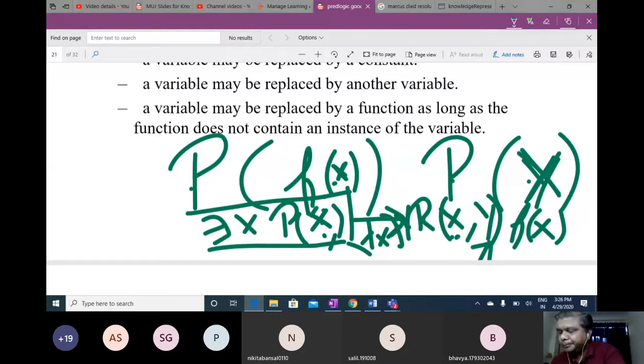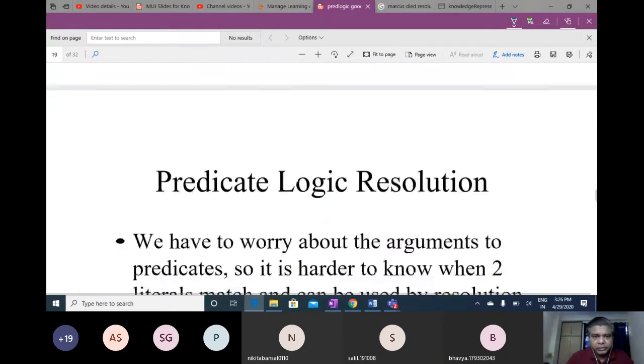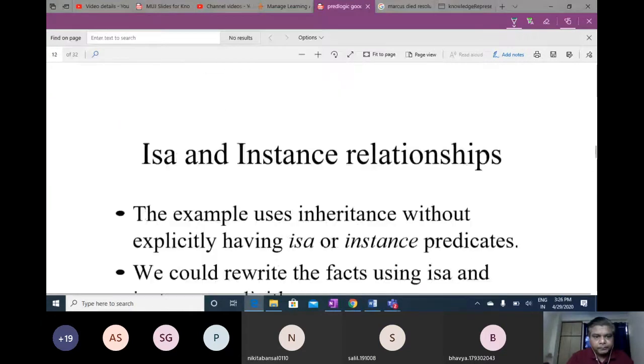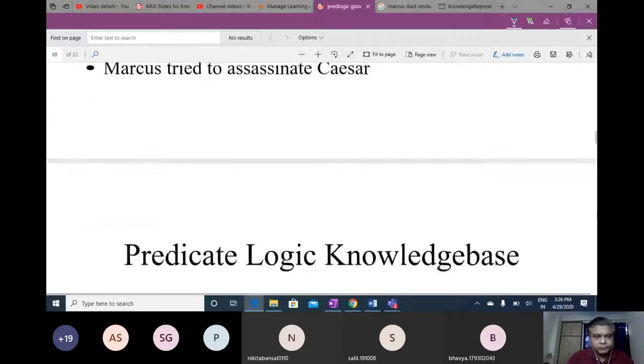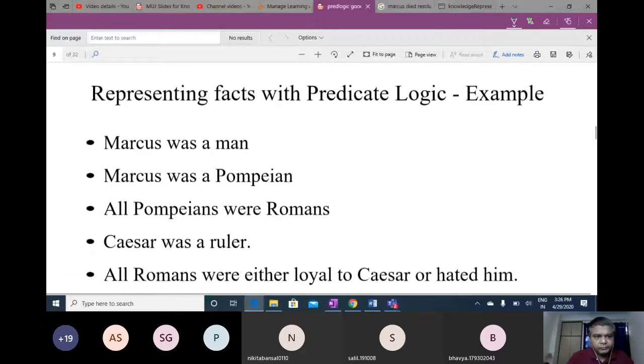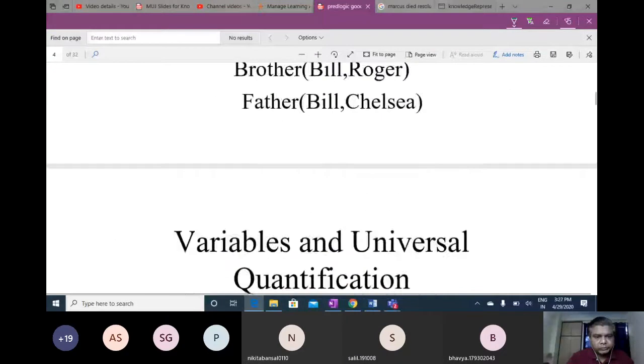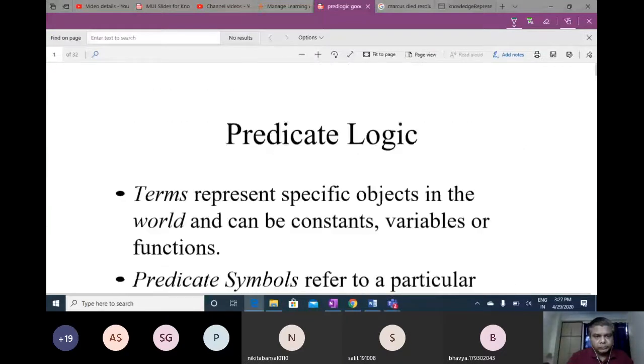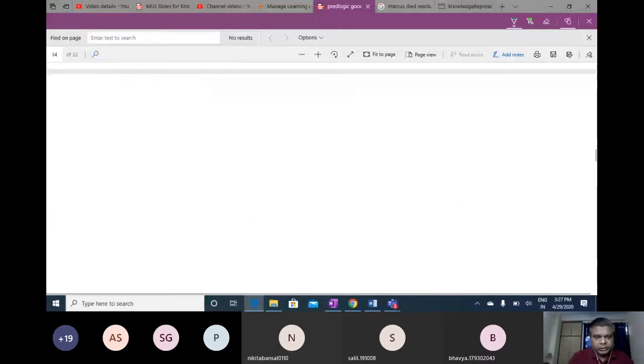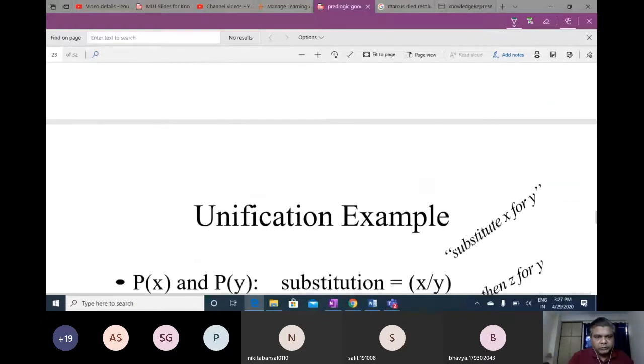If for all Romans, either they are loyal to Caesar or they are not loyal to Caesar, what will be the statement for that? What was it, do you remember? This was the statement. You have to just bring that in, then we can understand it.